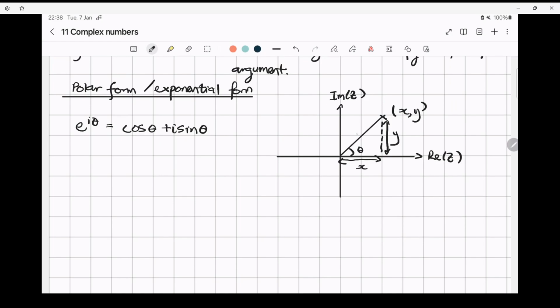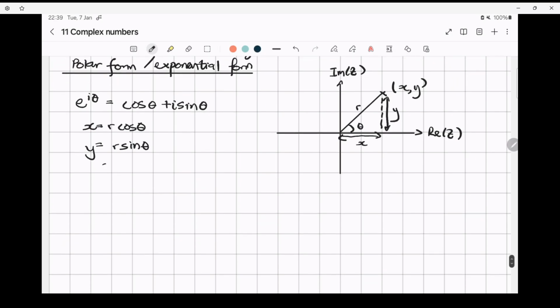If we denote this particular length as r instead of the square root of x squared plus y squared, then x is equal to r cos theta, whereas for y, it will be r sine theta, right?